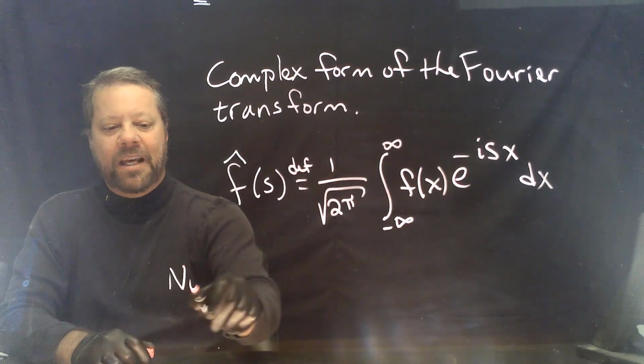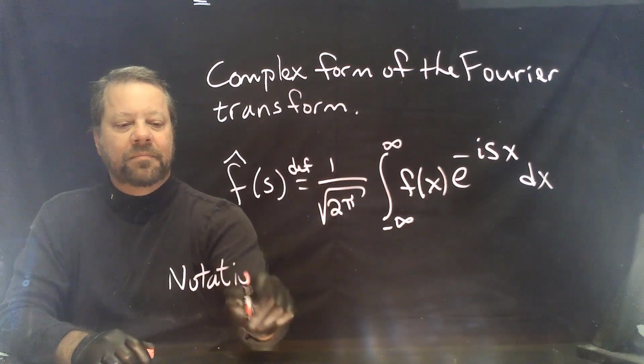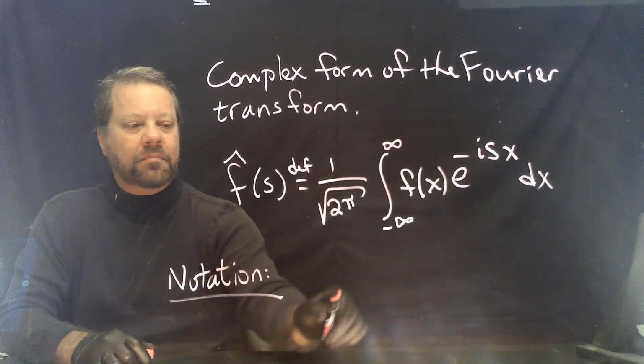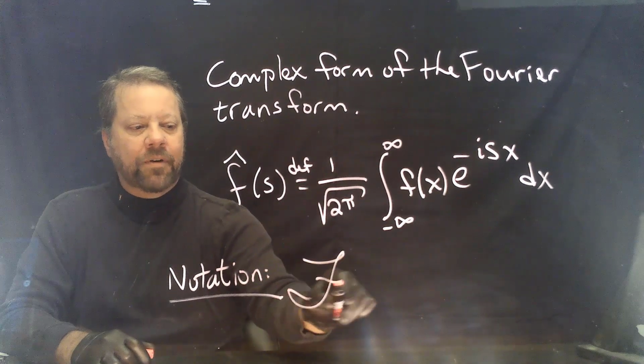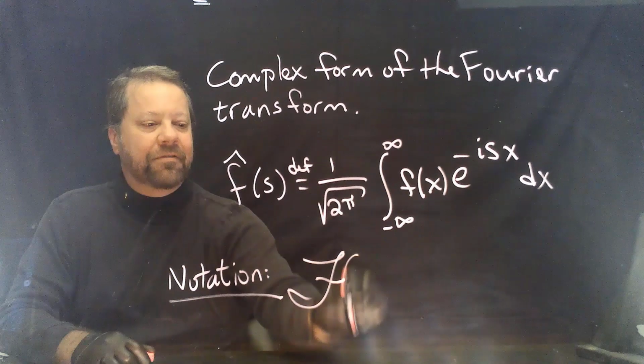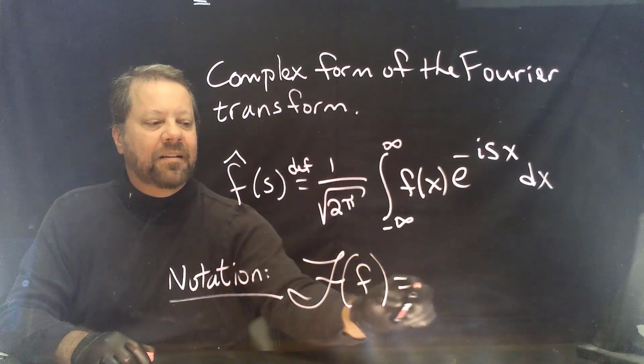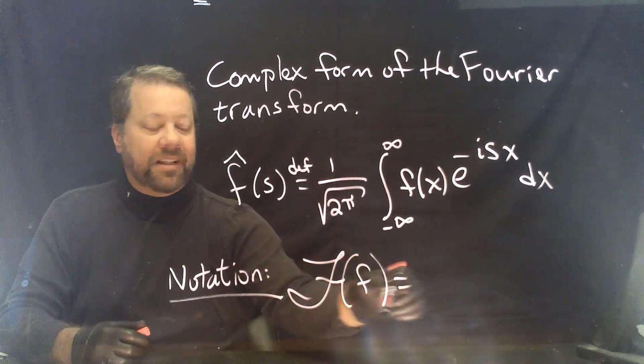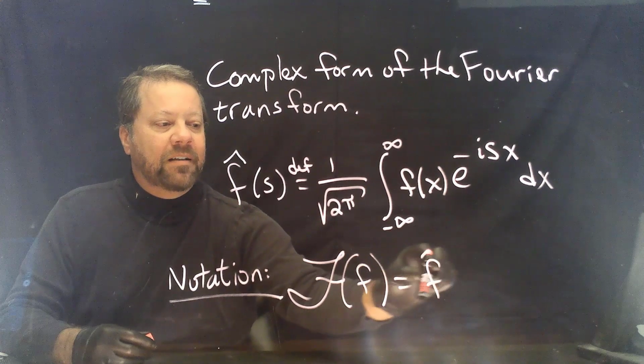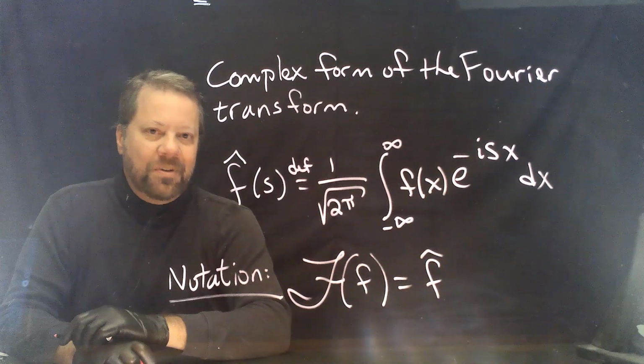Just by way of notation, we might denote the Fourier transform by a fancy F, thinking of it in terms of a linear transformation, but that's also going to be equivalent to f hat.